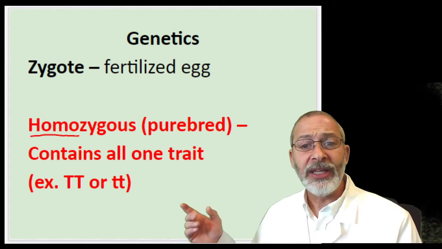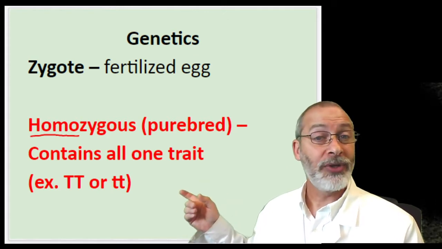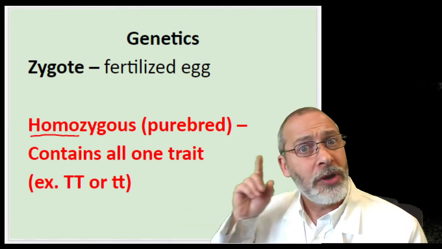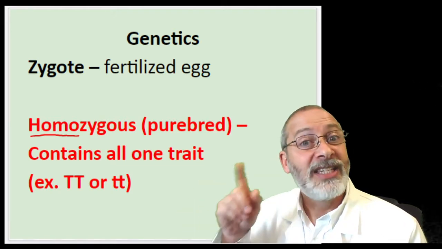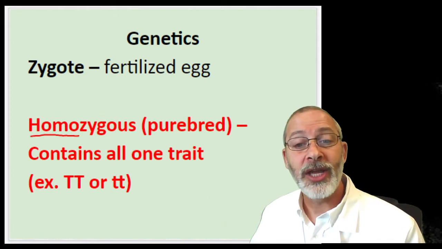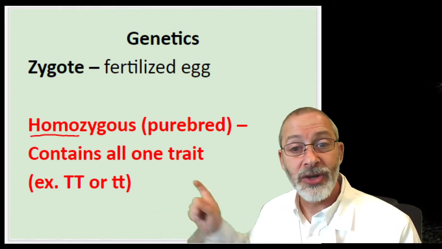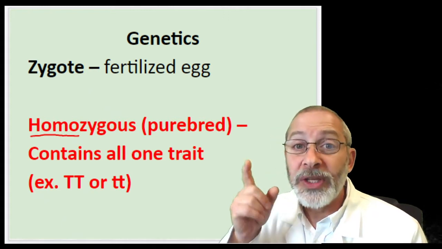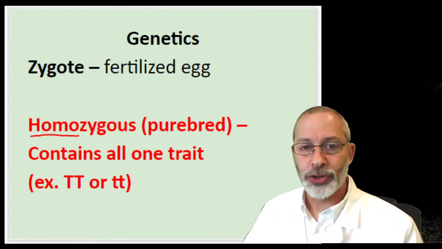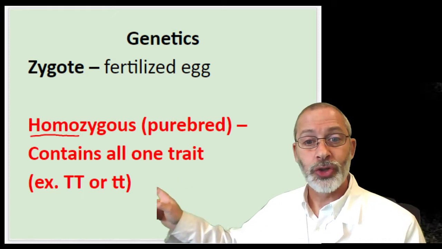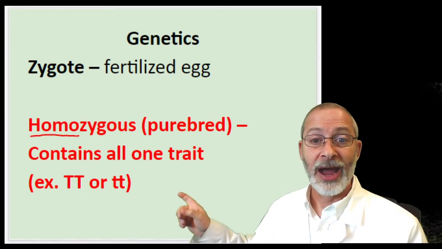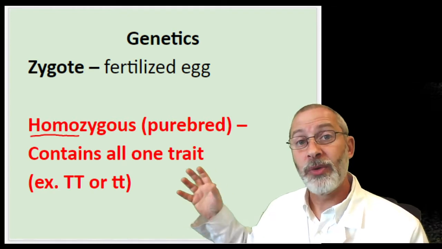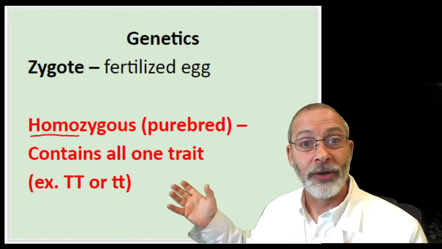Now that could be either two capital letters or two lowercase letters, or what do the capital letters stand for? Dominant, both dominant traits, or two lowercase letters, and the lowercase letters refer to recessive, two recessive traits. Again, there are two letters here in our examples because one comes from the father, one comes from the mother.